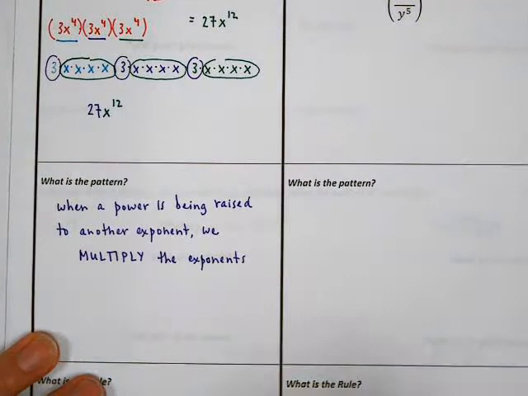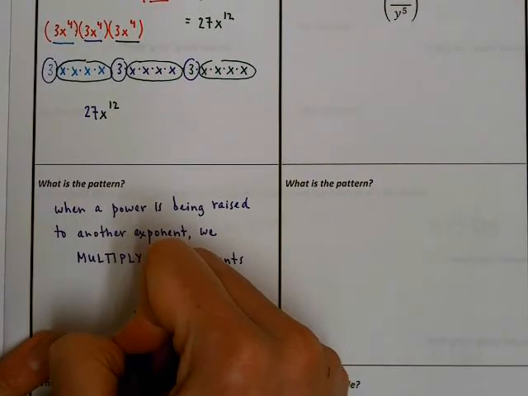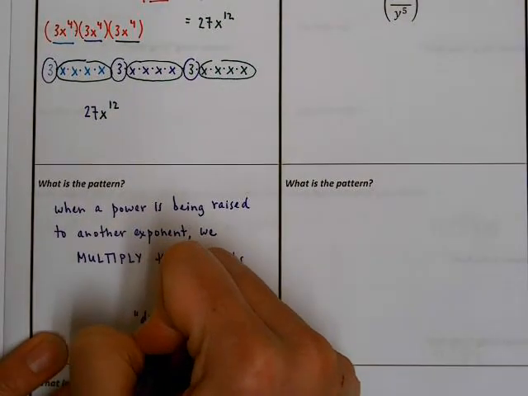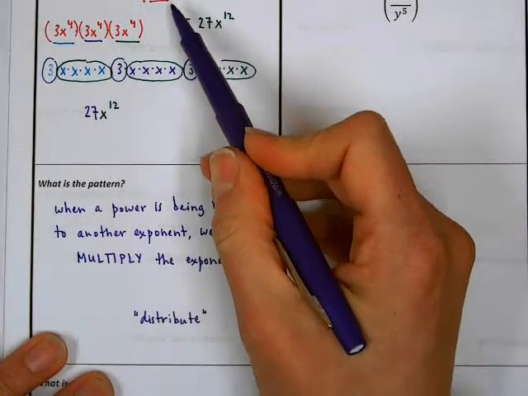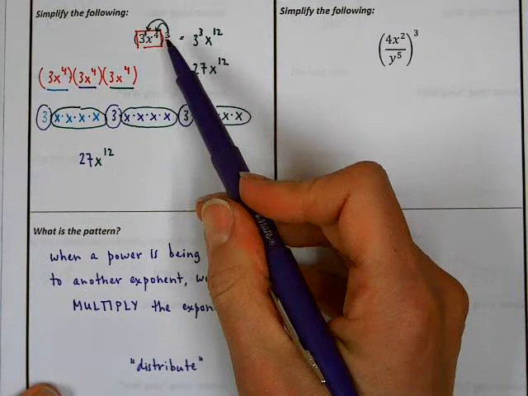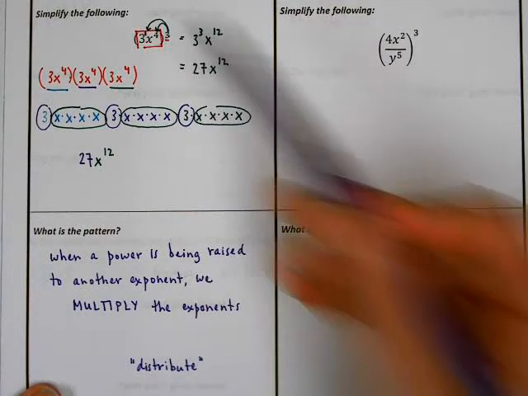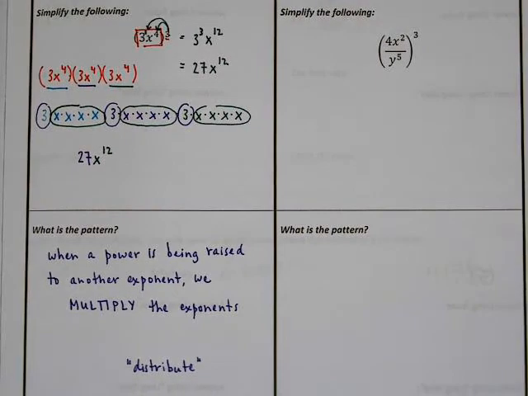And so I'm going to put as a reminder here, the idea is that we're distributing that exponent that's outside the parentheses to each exponent inside. And just like before, when we distribute, we multiply.